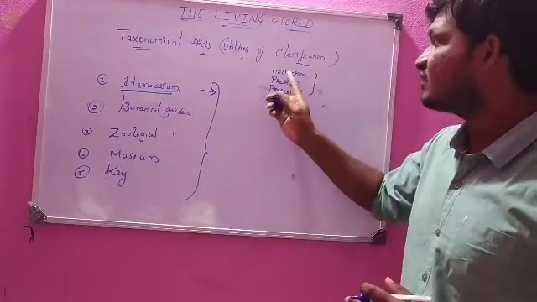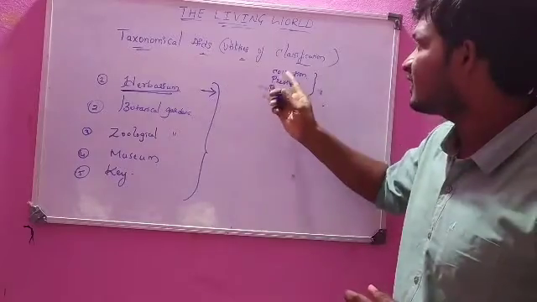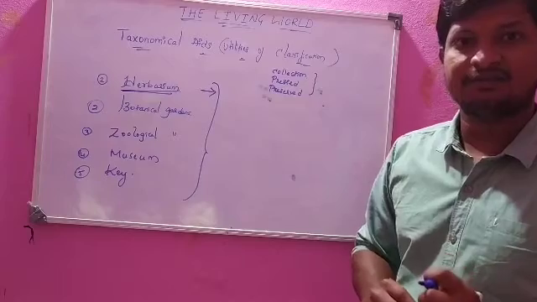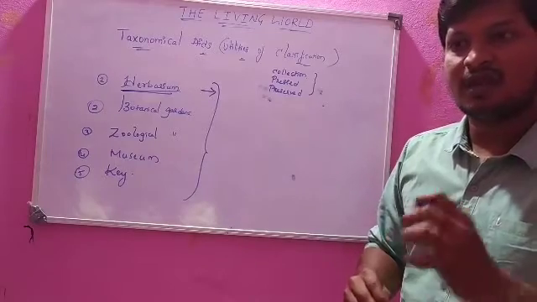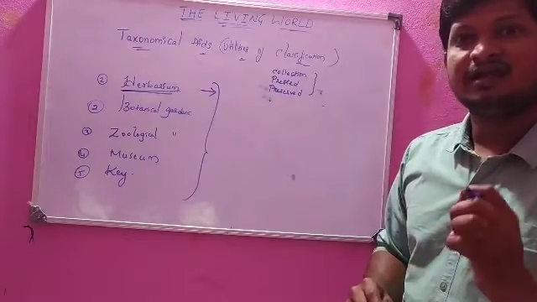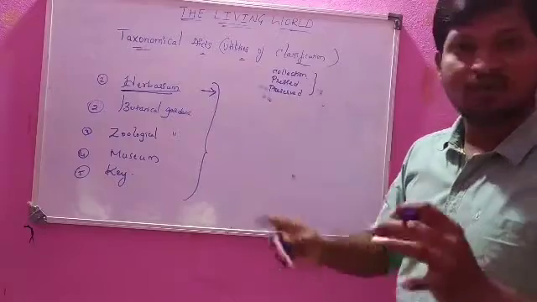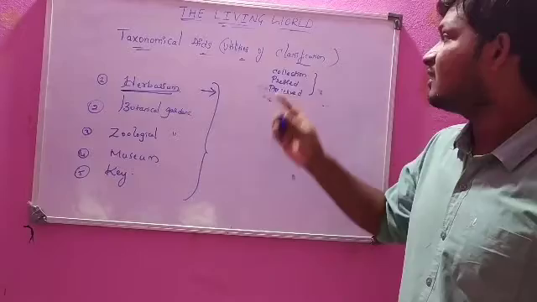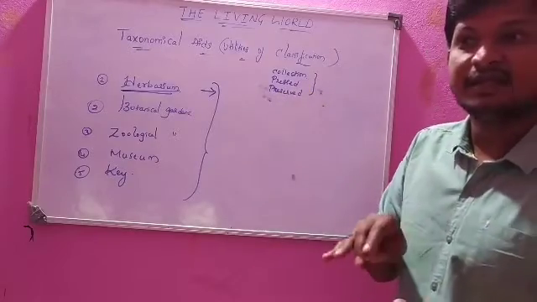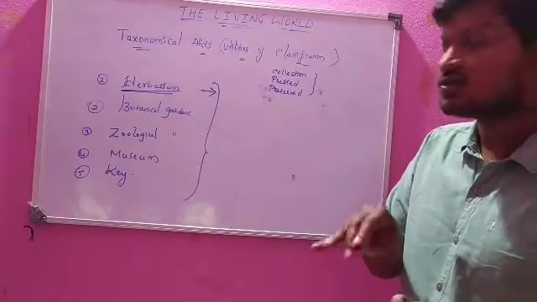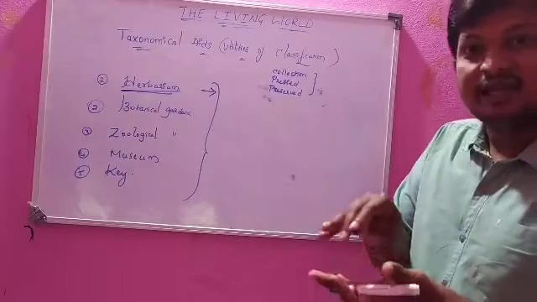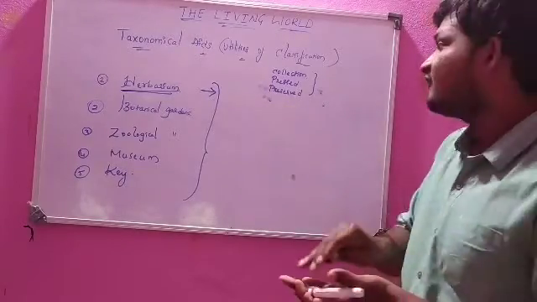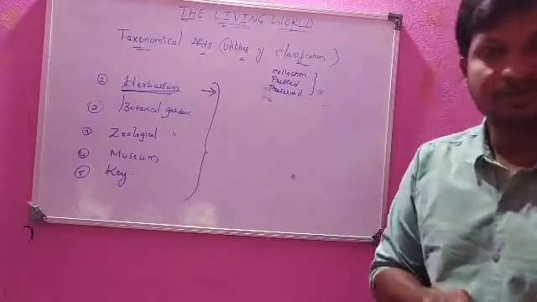The first step is to go to the field and collect the plant, which means an unknown plant has to be collected and kept on a herbarium sheet, and that will be pressed. It should not contain any liquid material, so the plant is dried. For drying purposes we make a press. After pressing, they are preserved.